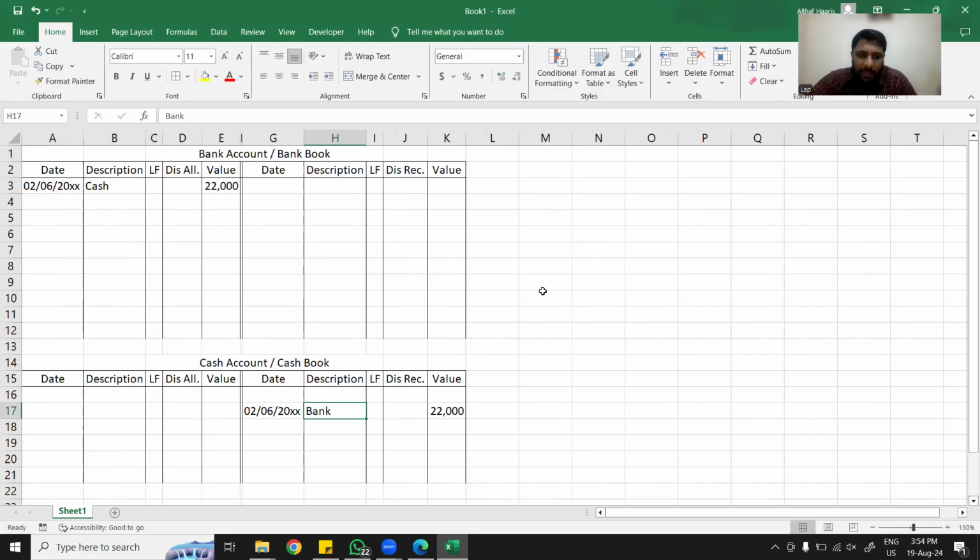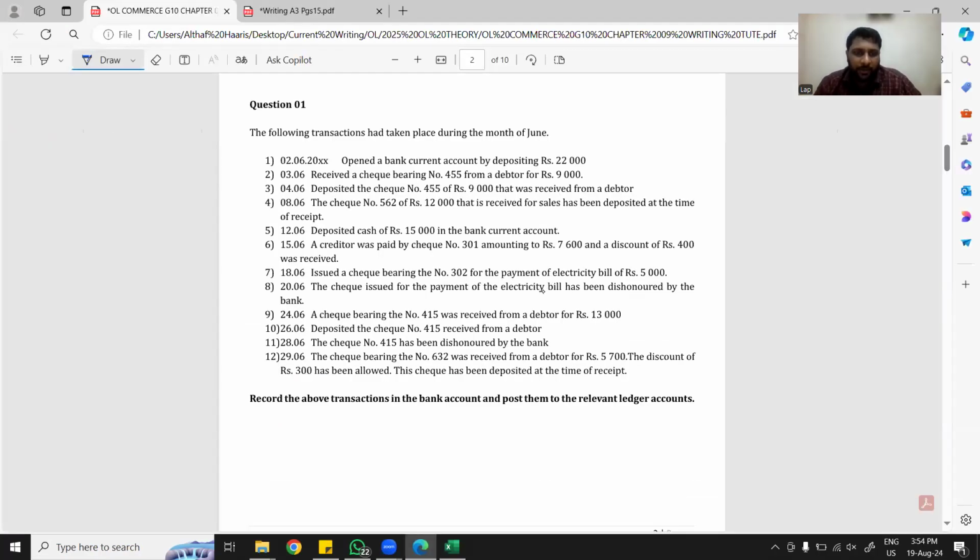Bank account debit, cash account credit.